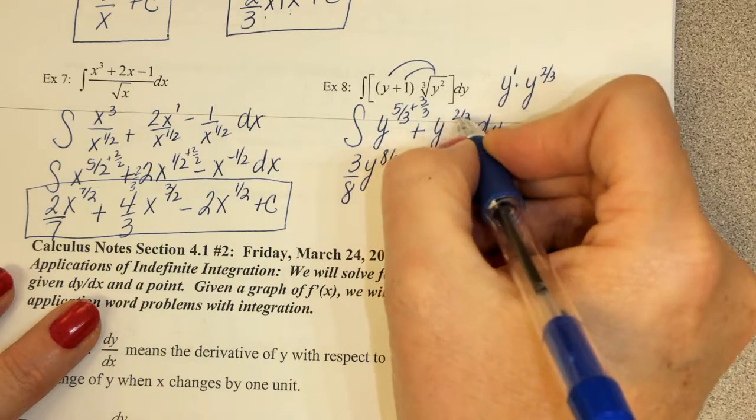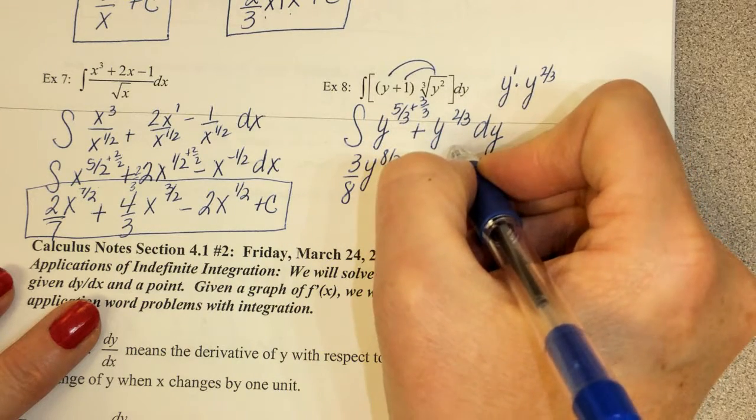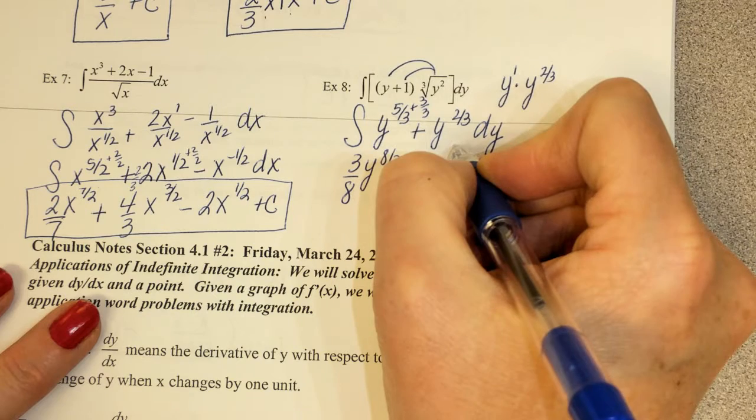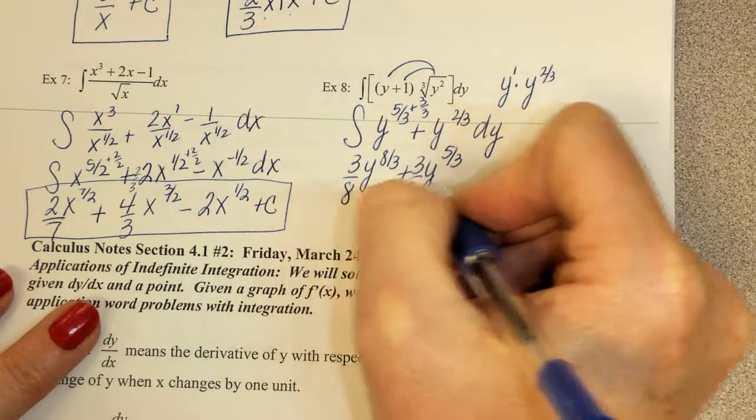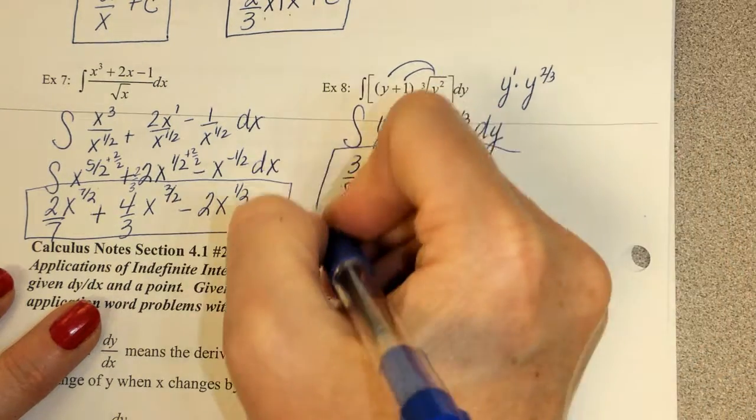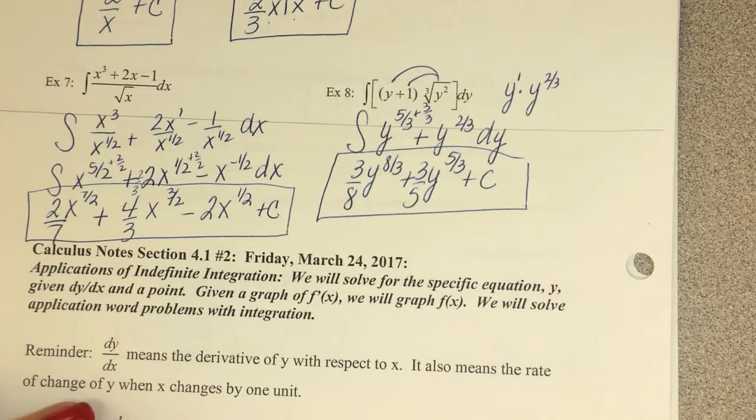Add 1 to this. What do we get, guys, if we add 1? Quickly. Thank you. And then multiply by the reciprocal plus c. And we'll just leave it just like that. Okay? Any questions there?